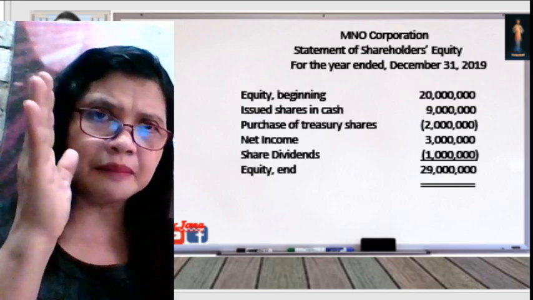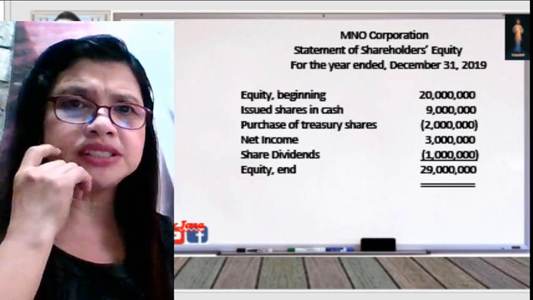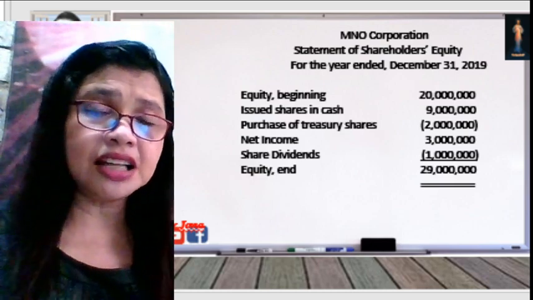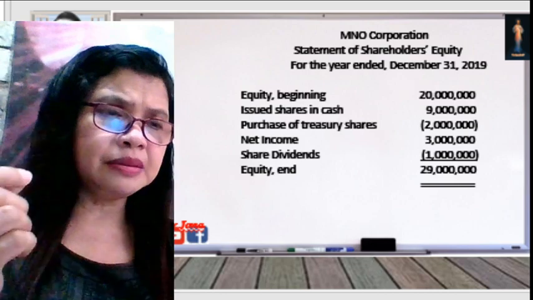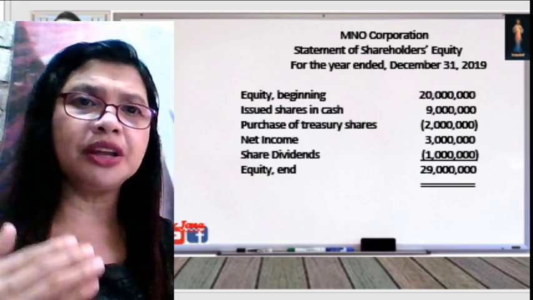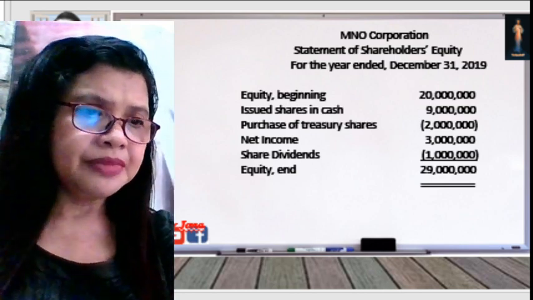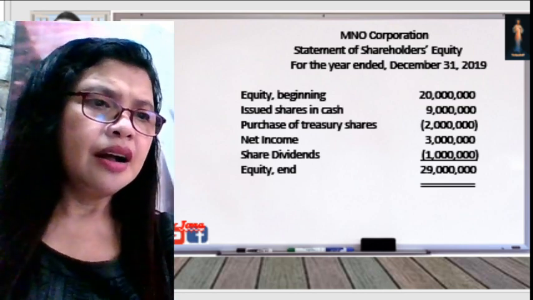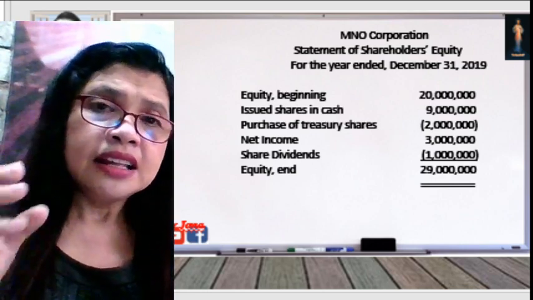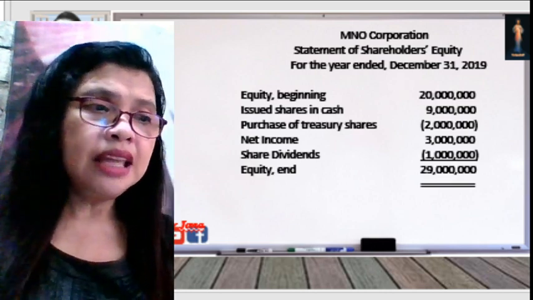This is only a bird's eye view of the statement of shareholders' equity. We call it the paid in capital. That is the amount the stockholders have invested in the business.